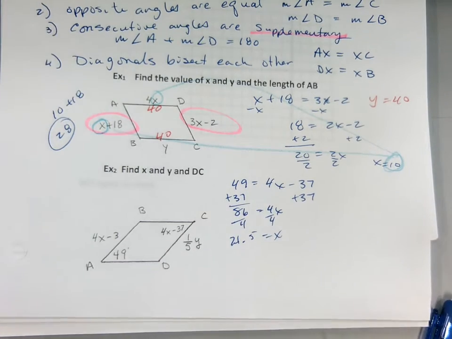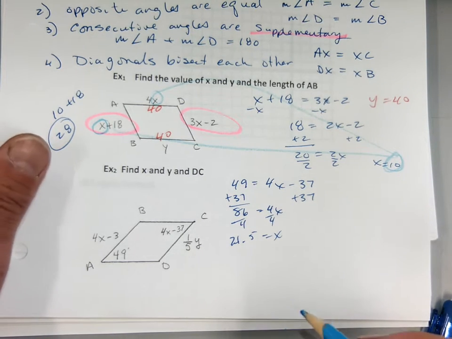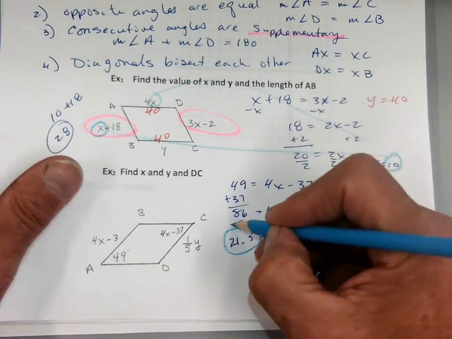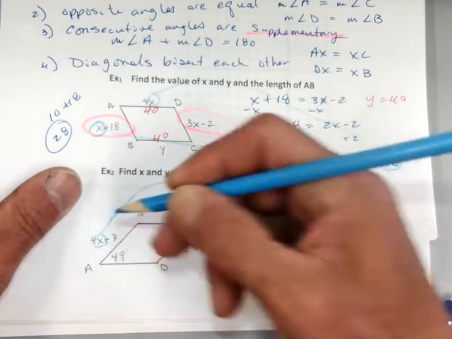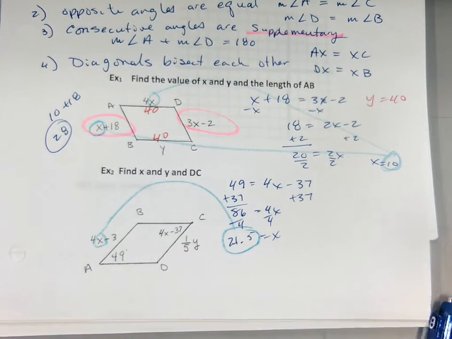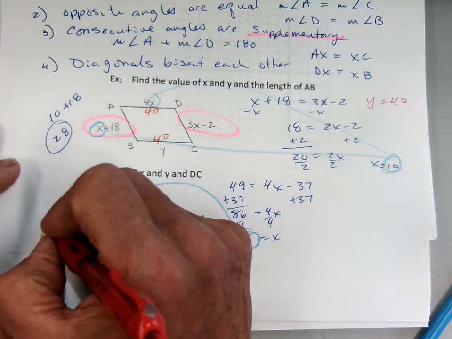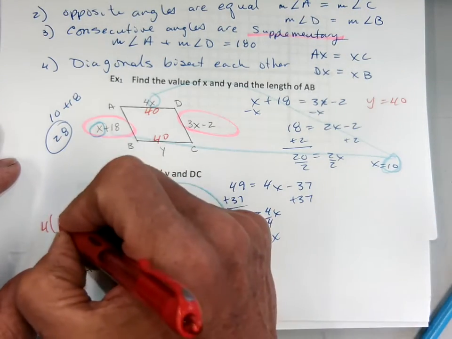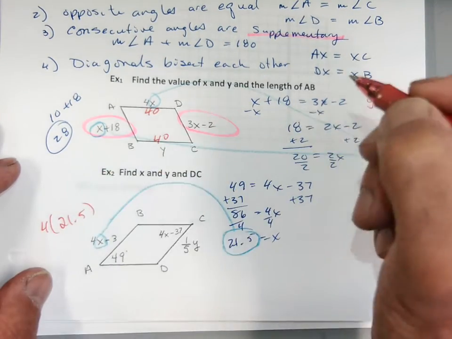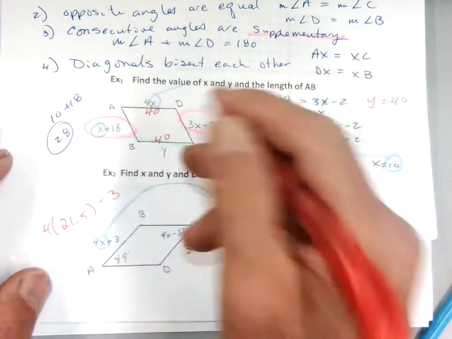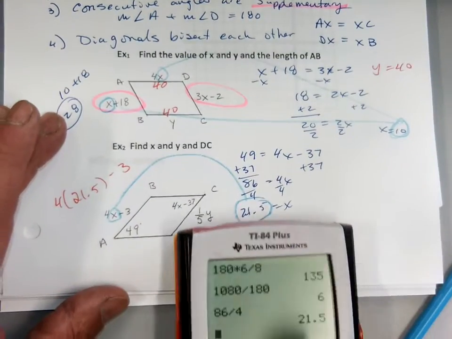Now, if I know that, then I can find y. To get y, I'm going to take the 21.5 and plug it right there. So I'll go 4 times 21.5 minus 3, and I'm probably just going to use a calculator to do the math.